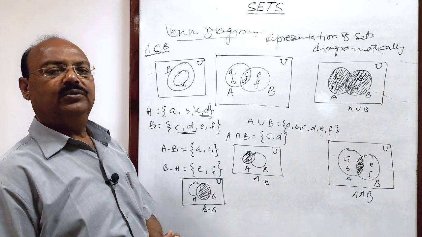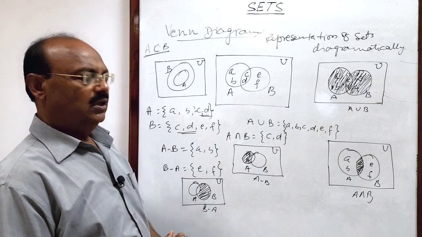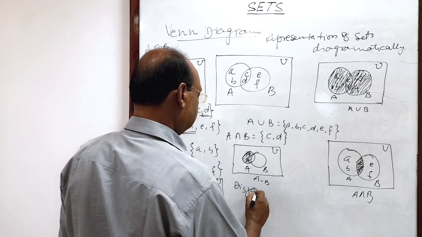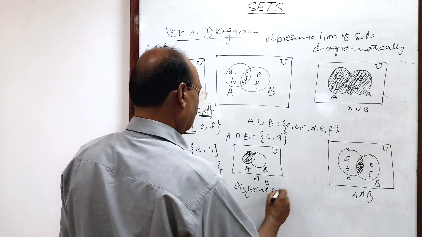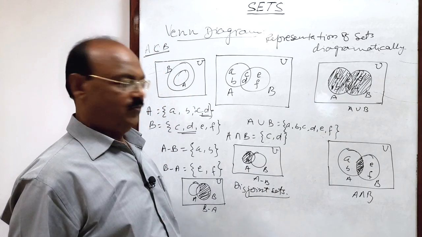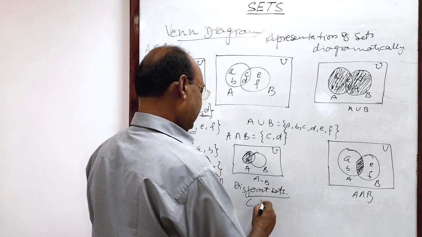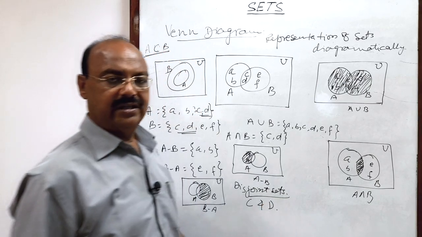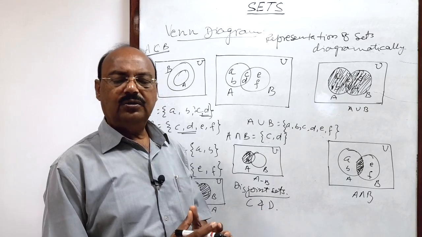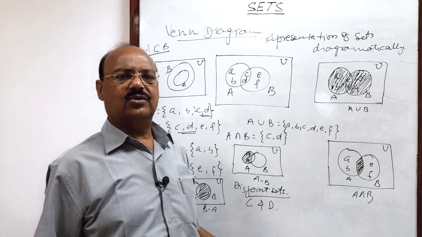Suppose we have to represent a Venn diagram for disjoint sets. If two sets, suppose C and D, are disjoint sets, disjoint means no element is common, no point is common, no area is common.